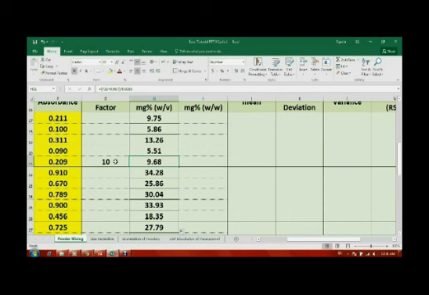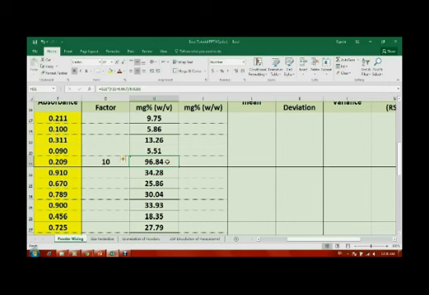Some samples will need to be diluted. Which samples? Samples with absorbances more than 1.2. Here in our example, we have 2 samples that have been diluted.